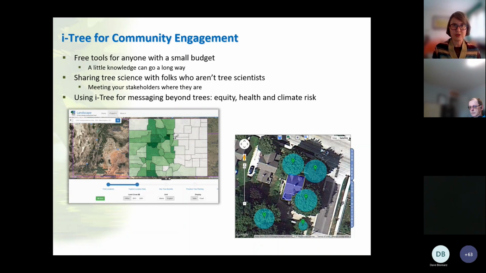You're trying to talk about issues such as equity or the needs and distribution of resources where you are. There are other factors that iTree can help you consolidate when you're trying to bring this message, whether it has to do with working with public health for residents, or if you're looking down the road in anticipation of climate change.